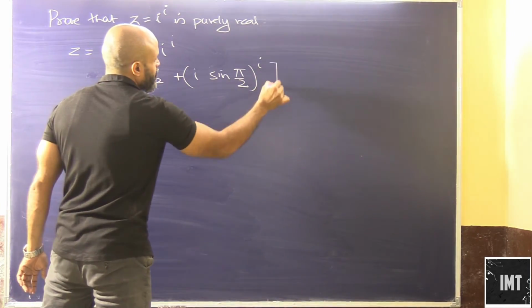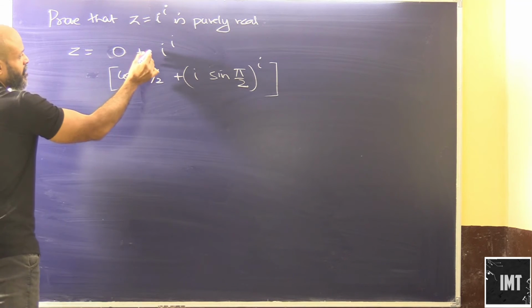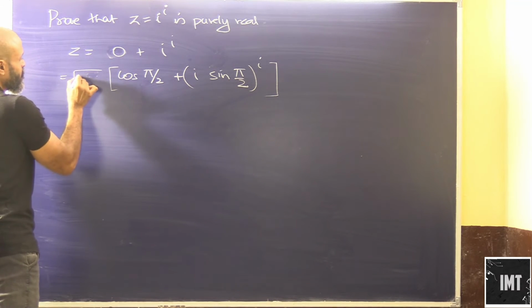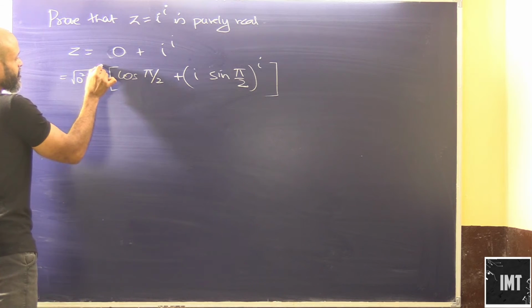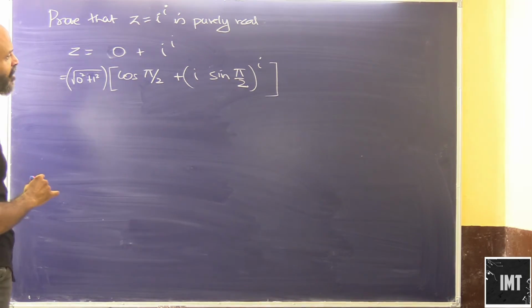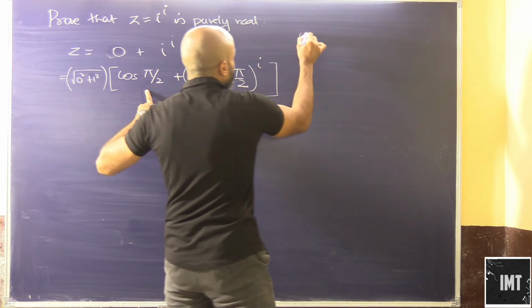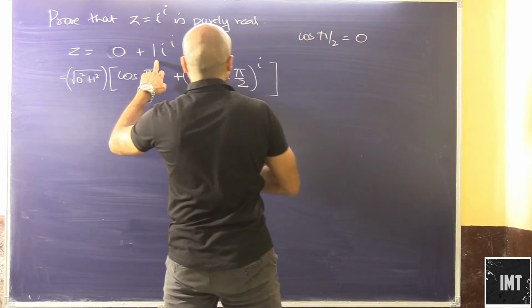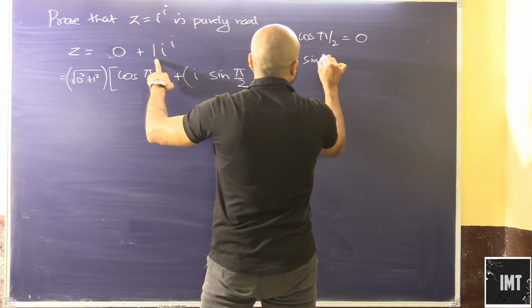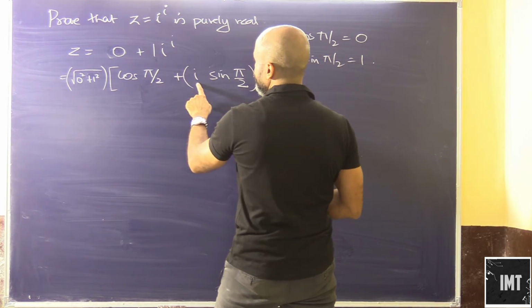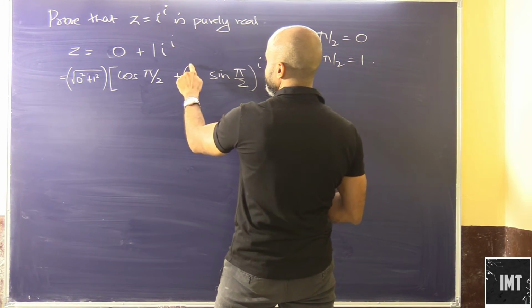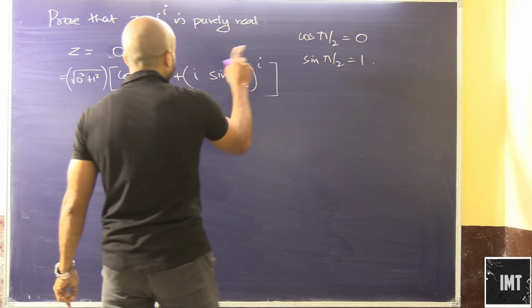And of course the mod will be what? The mod will be 0 square plus 1 square, which is obviously 1. See, cos pi by 2 we know is 0, and here we have the coefficient of 1, and sin pi by 2 is 1, so we can write i sin pi by 2, and this entire thing to the power of i.